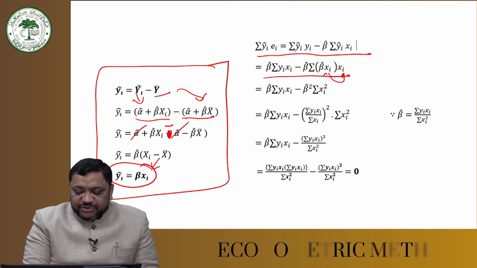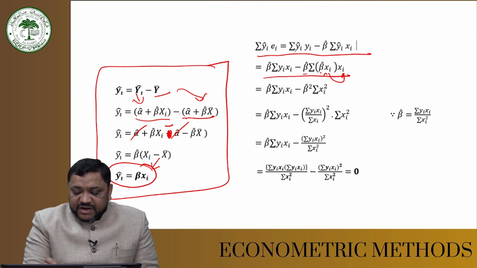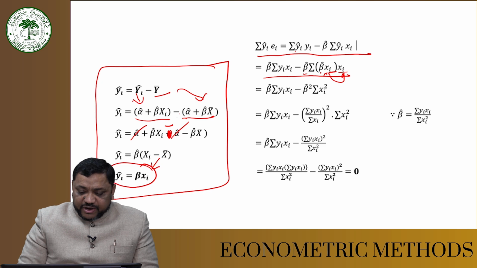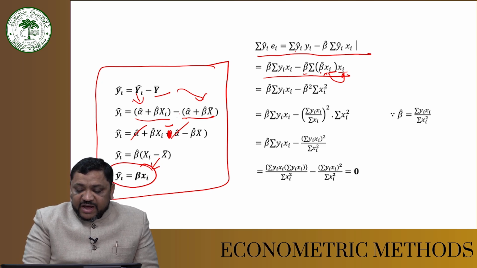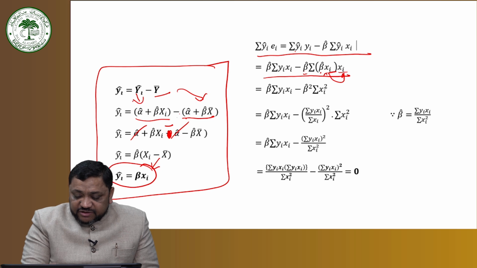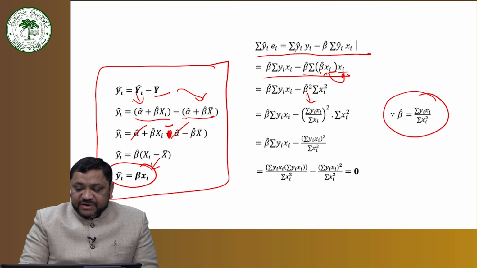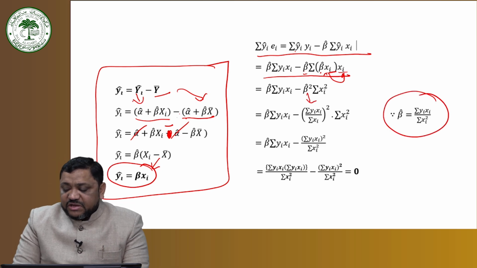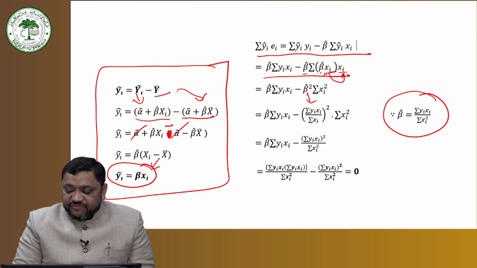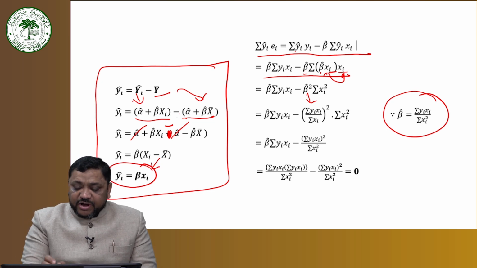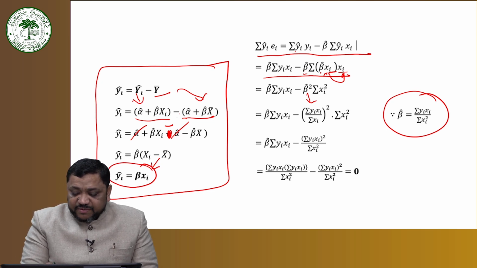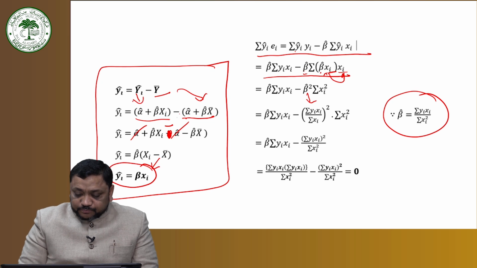So beta hat summation yi xi minus beta hat square summation xi square. This you can write as beta hat summation yi xi minus, this is the formula for beta hat. Beta hat, in the deviation form, is equal to summation small yi xi divided by summation small xi square. So we write it like this, multiplied by summation xi.